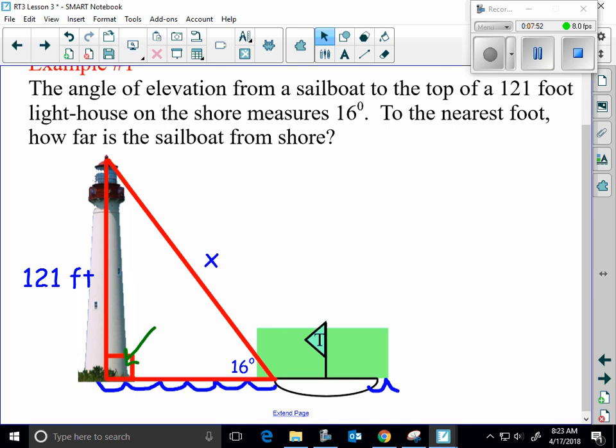Here's a mistake someone's going to make. That's not how far the sailboat is from the shore. I'm going to put that down here. And so now, as I consider my options, SOH CAH TOA, I don't really care about this value here. I'm not looking for that. That is what length?